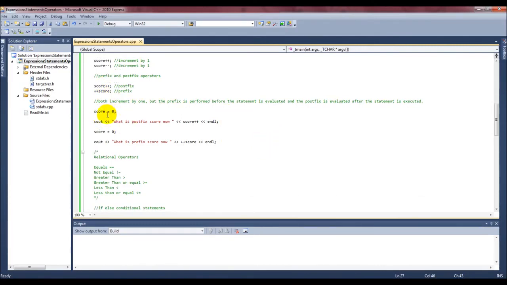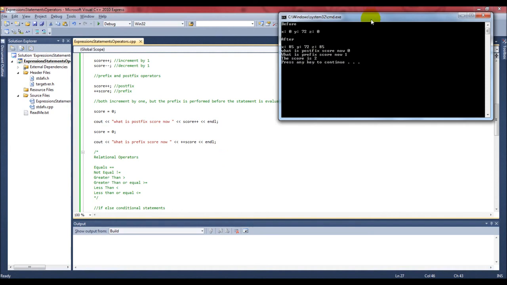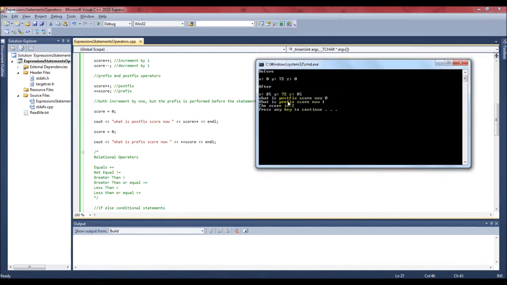Score gets 0. If I print out what score is now using the postfix operator, I'll get a value, and I reset it back to 0, and I go ahead and print out what the prefix score is. Now let's take a look at what I came up with. You'll notice that the postfix score is 0.